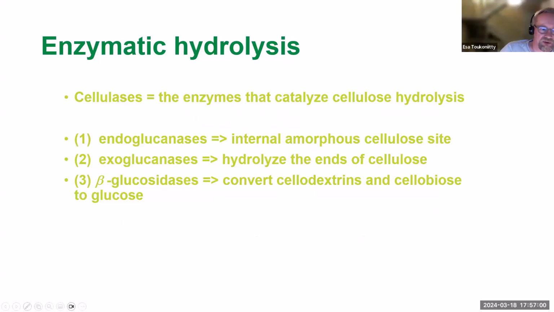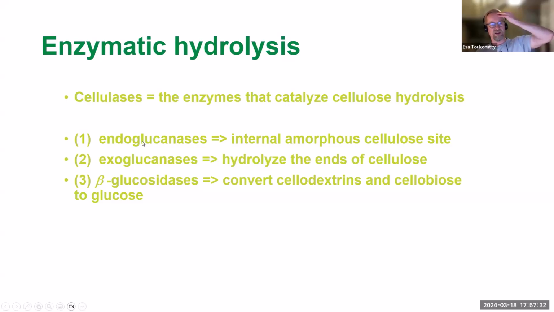Enzymes can be rather complicated, and also typically enzymes don't tolerate very high temperatures. The majority of enzymes work best close to, let's say, body temperature, around 40 degrees Celsius. But these cellulases, enzymes that break cellulose or catalyze the cellulose hydrolysis, there are different ones.